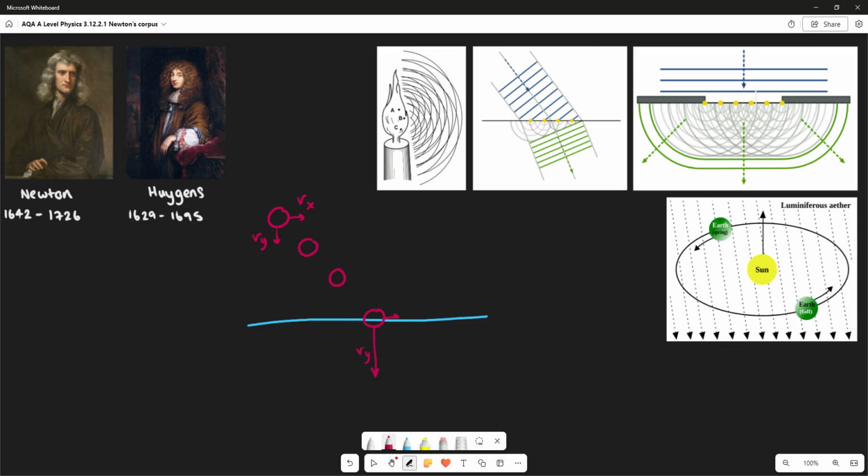And meanwhile, Vx is unchanged. So we now have a resultant that is pointing more towards the normal than it previously was. So we can see that the light ray would be bent towards the normal, just like we see in refraction. So his theory was that the material was pulling the corpuscles in, and they were speeding up as they entered the material. This is very different from Huygens' theory, where the wavefronts are slowing down as they enter the material.